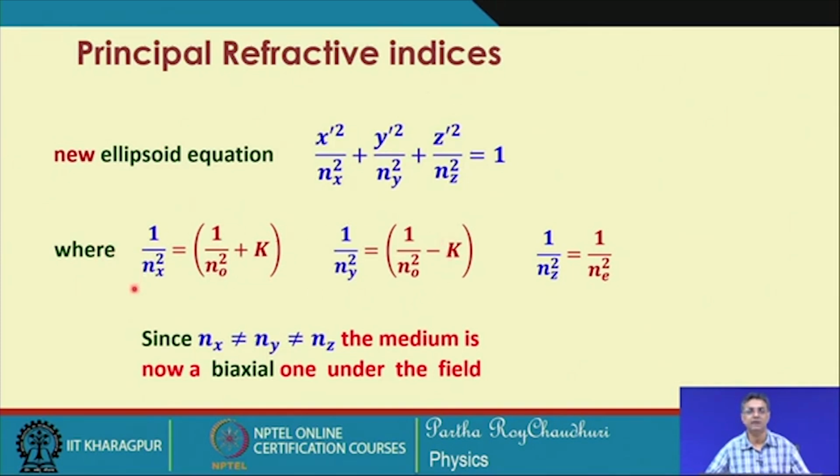So, let us remember that n x dash, the new n x representation for the principal axis system is equal to this, and n y for the new principal axis system will be equal to this, and n z equal to this. So, these are the three values of n x, n y and n z. We will see the same result when we apply the diagonalization method.